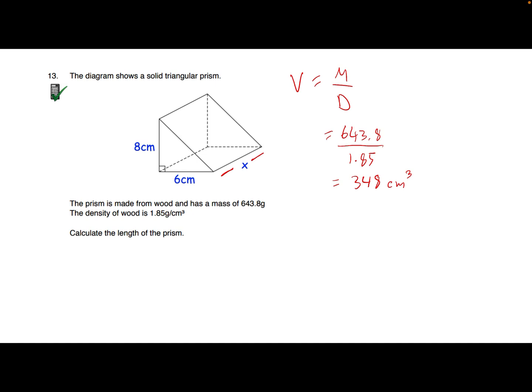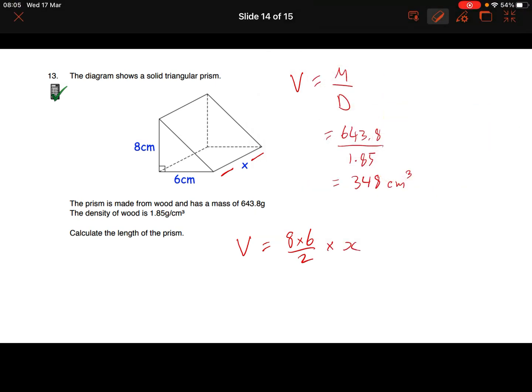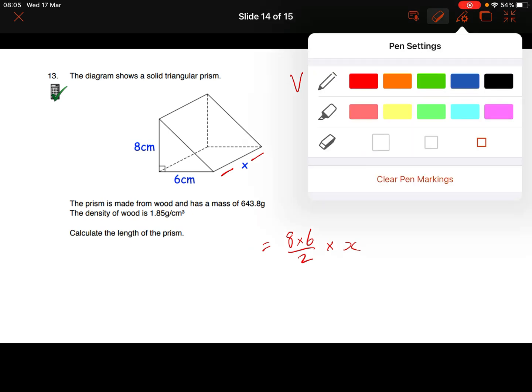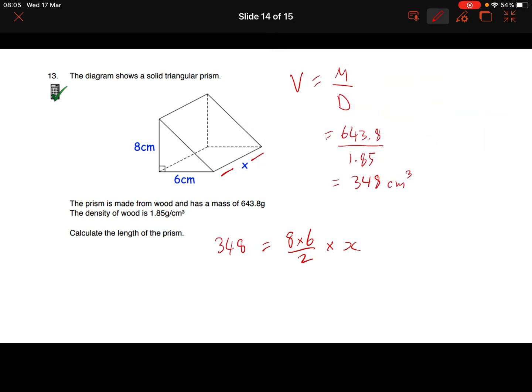Now, how do we find the volume of this triangular prism? We do the cross-sectional area, which is the area of the triangle. So 8 times 6 over 2, please remember it's a triangle. So it's area is base times height, halved, times by x. And we know that the volume has to be 348. So I found the right formula: volume equals cross-sectional area times length.